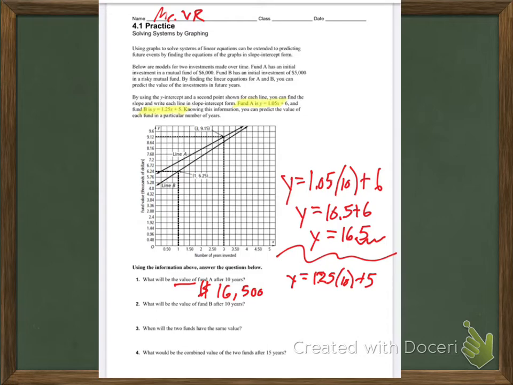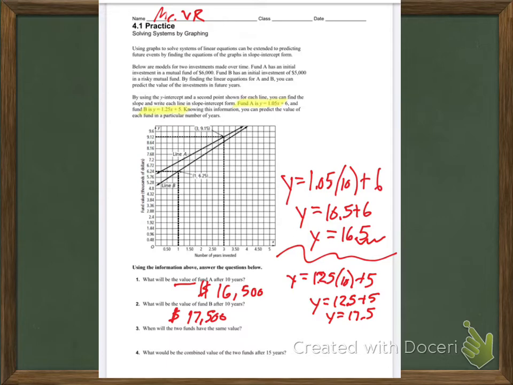So 1.25 times 10 is equal to 12.5. And then we're going to add 5. So y is going to be equal to 17.5. So it's in the thousands, it's going to be $17,500.